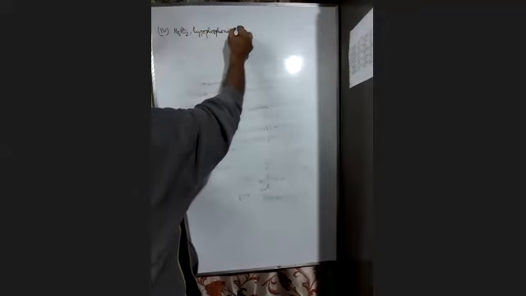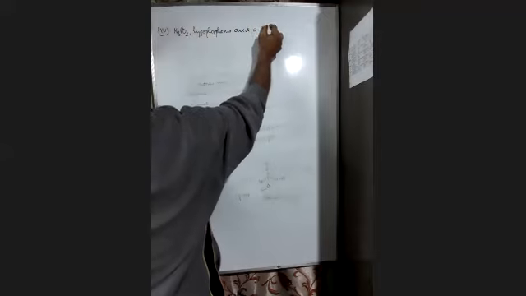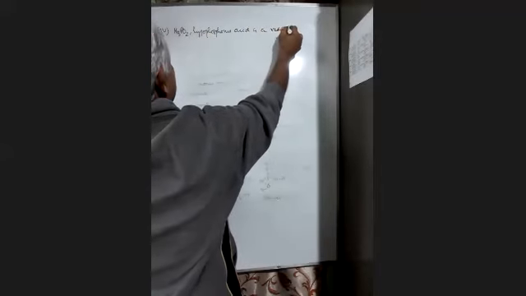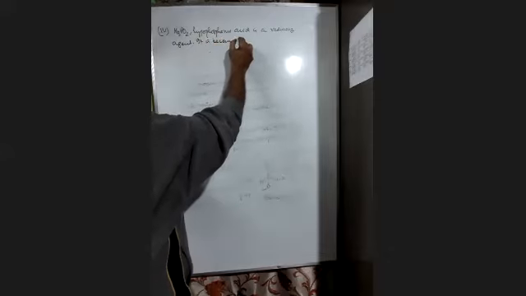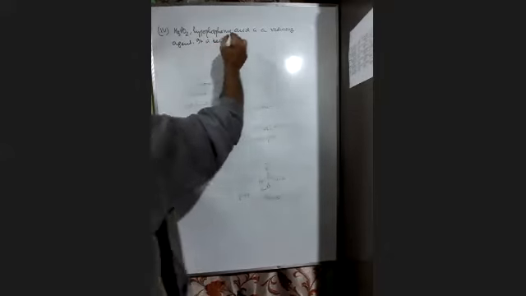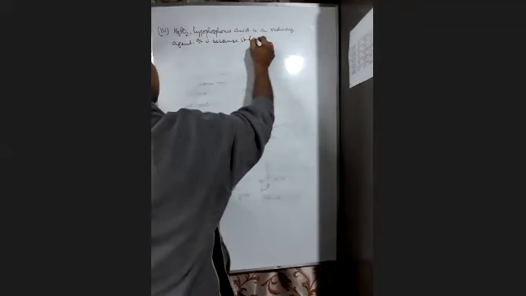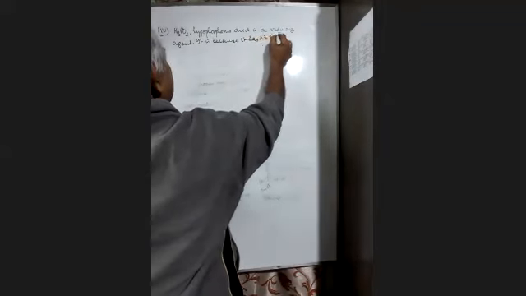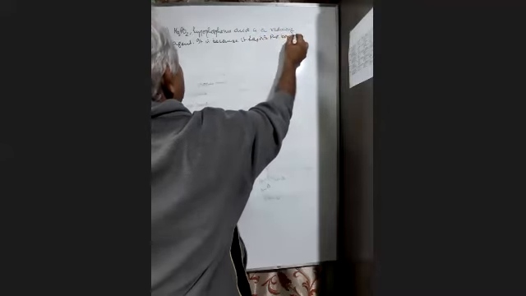H3PO2, mind it, hypophosphorus acid, is a reducing agent. Why? It is because it has 2 P-H bonds.